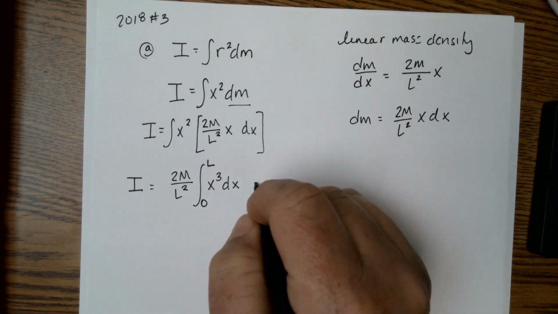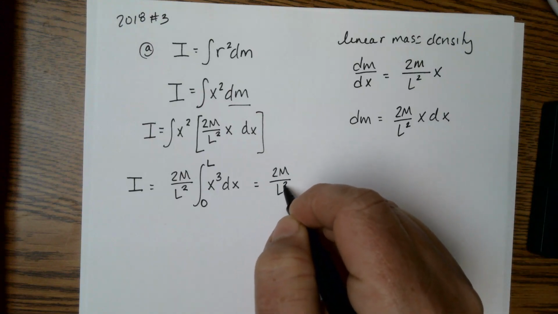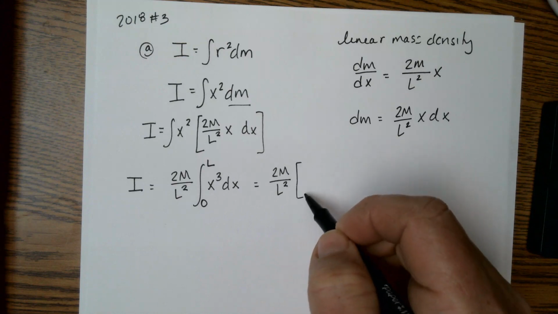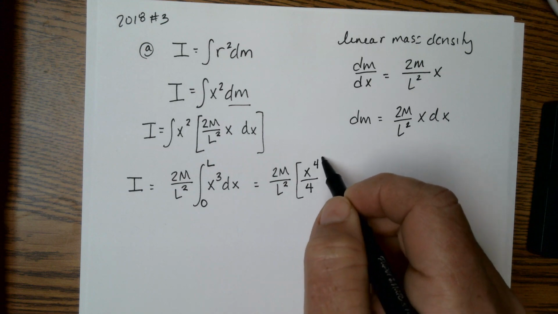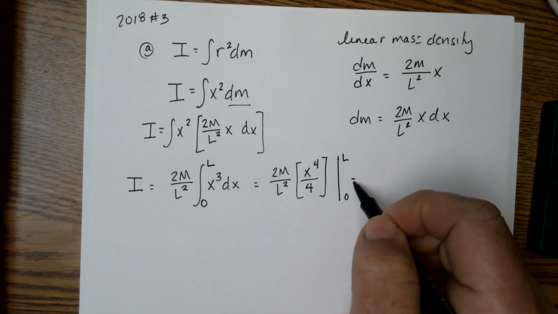So now we're going to integrate this. 2m over L squared, and x cubed integrates to x to the 4th over 4. We're going to evaluate that from 0 to L.